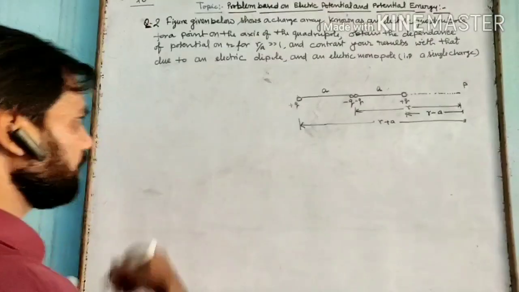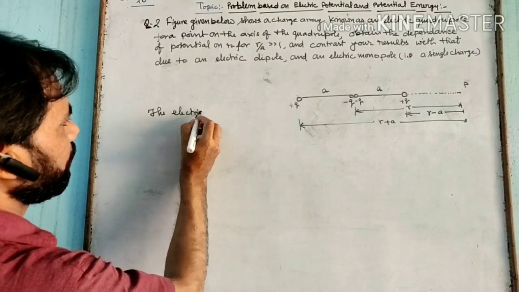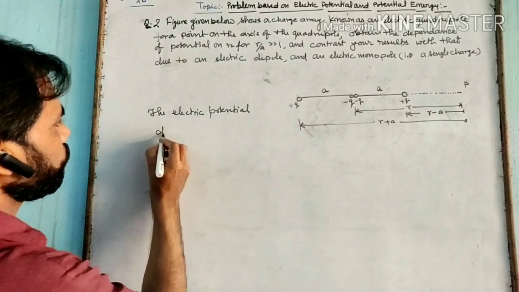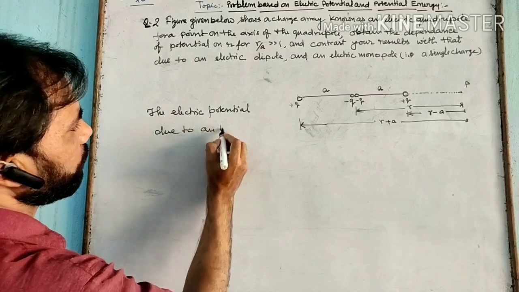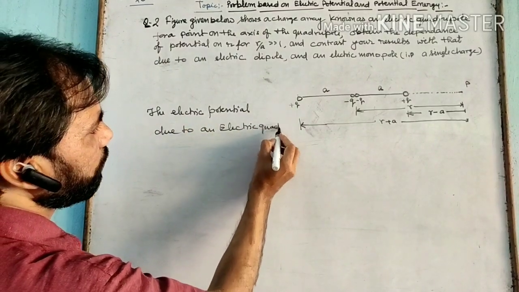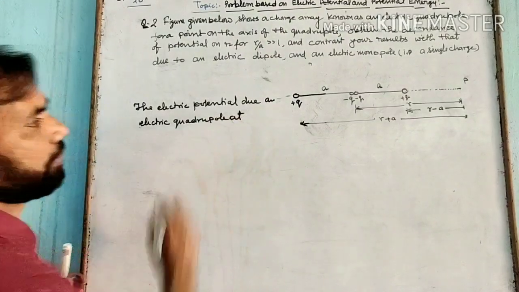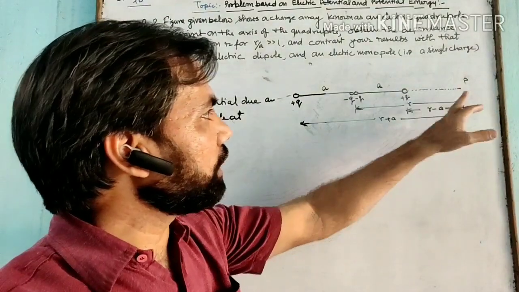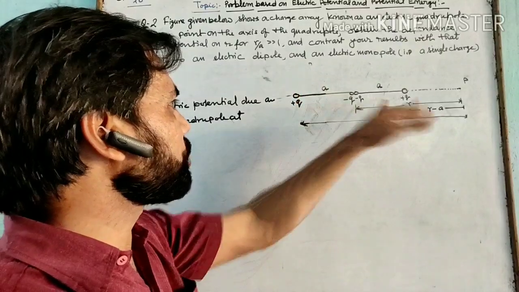So the electric potential due to an electric quadrupole at P. Okay, here we are interested to calculate the electric potential at P due to the whole quadrupole, which is an array of these charges.